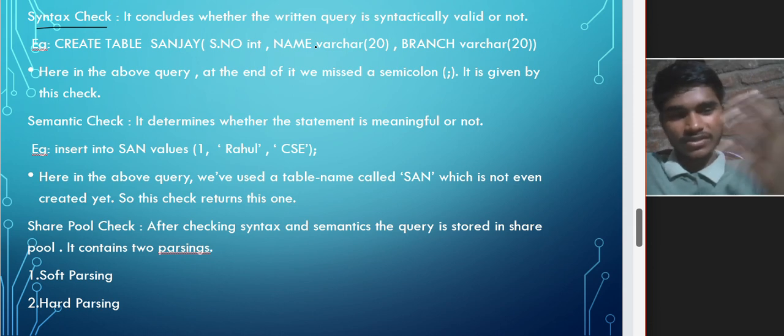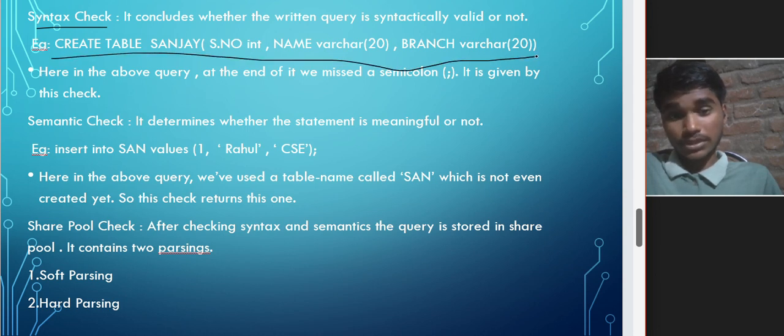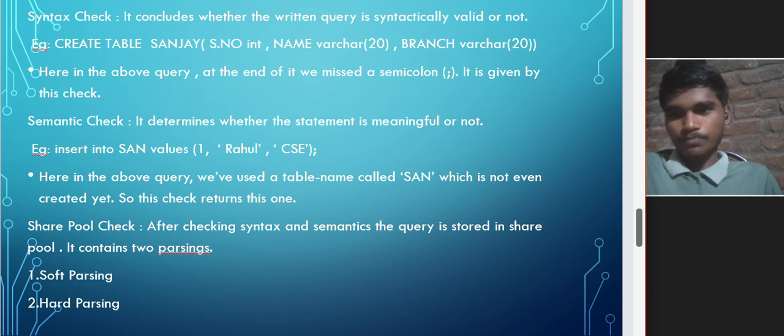First of all, this query is sent to the parser and converted into relational algebra, and the syntax is checked here. In the query we don't have the semicolon, which has to be present at the end of the query. In the above query, at the end of it, we missed a semicolon.